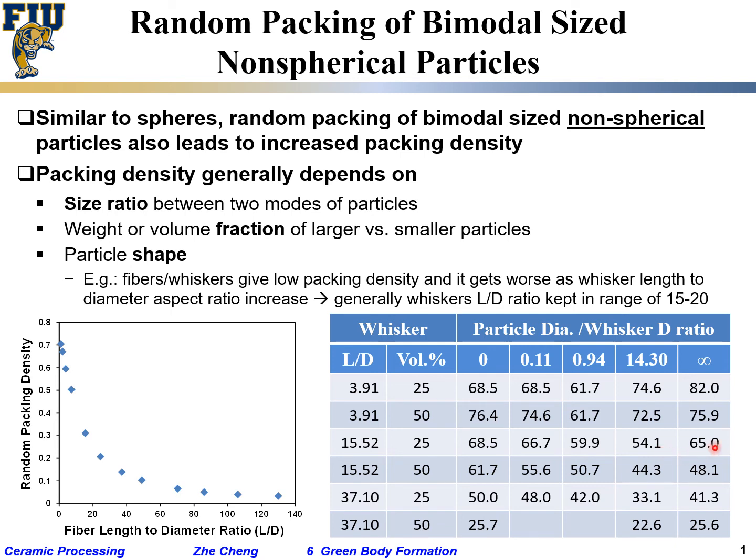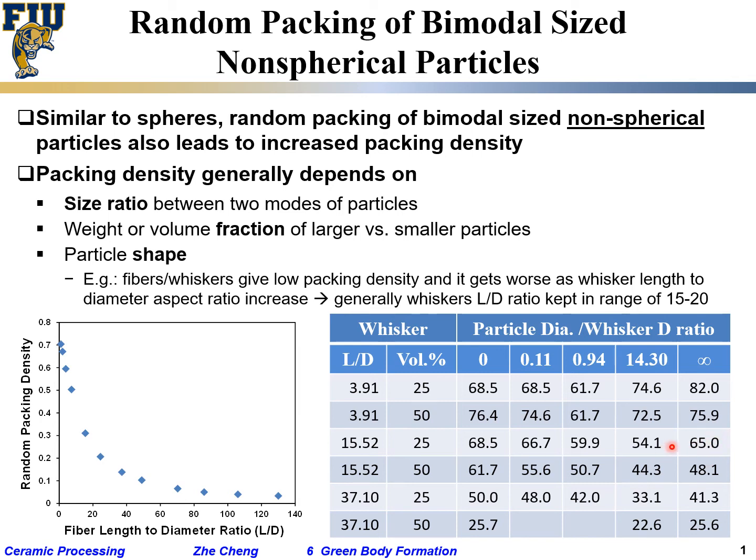But when it goes to infinity, it's a different story, because essentially you have no whiskers, just all particles, right? Now you go back to packing of particles again. Make sense? Then it goes up again.